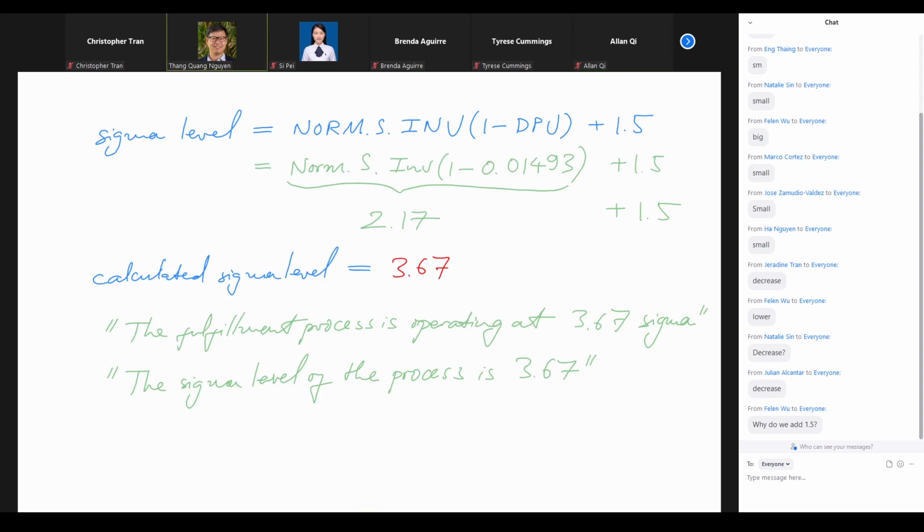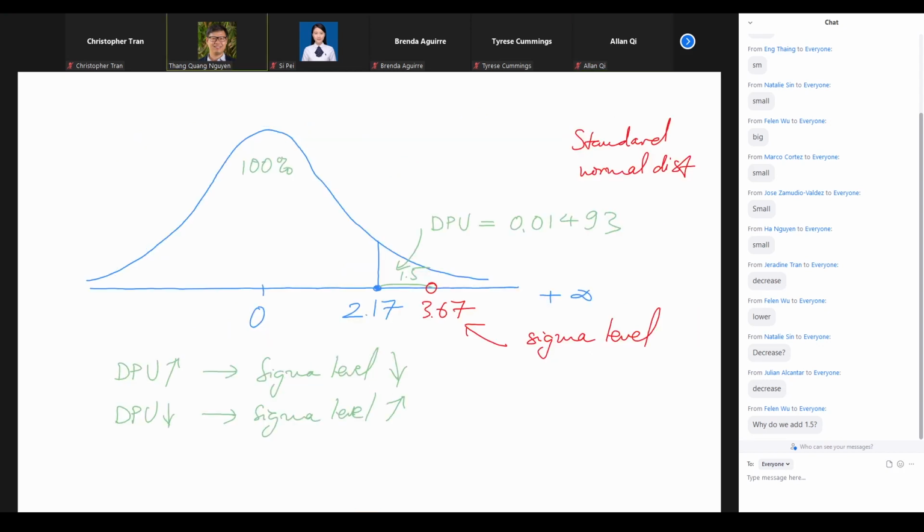The reason the author thought it is 1.5 is because of the following. If we do not add 1.5 and we just use the blue point as the sigma level, okay? If we just use the blue instead of the red point as the sigma level itself, right?